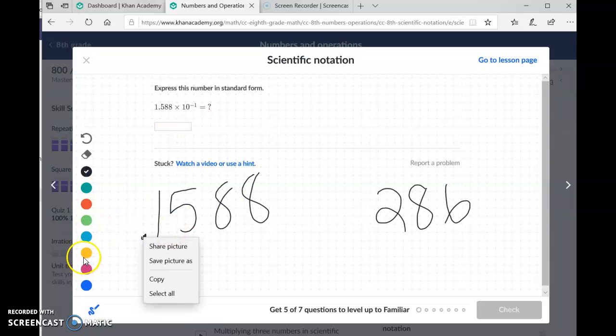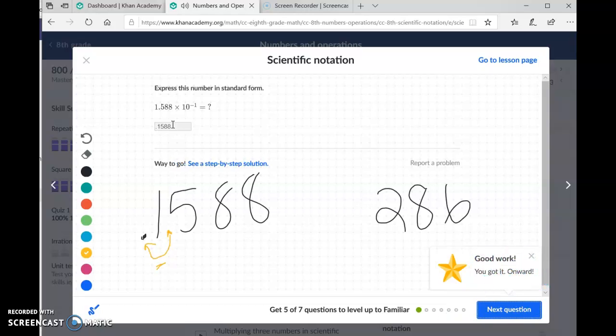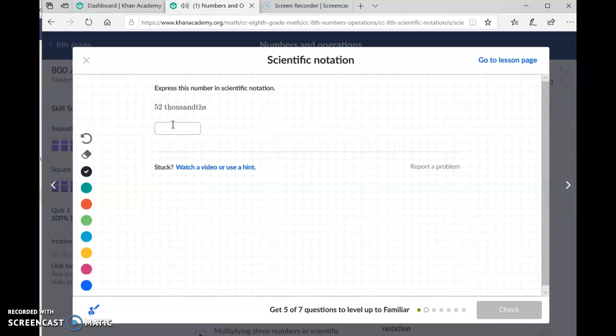And that's because my decimal started here, and then it moved over one to the left. And when we're moving to the left, that is negative. Okay, so I'm going to go ahead and write that in there, 0.1588. Check.